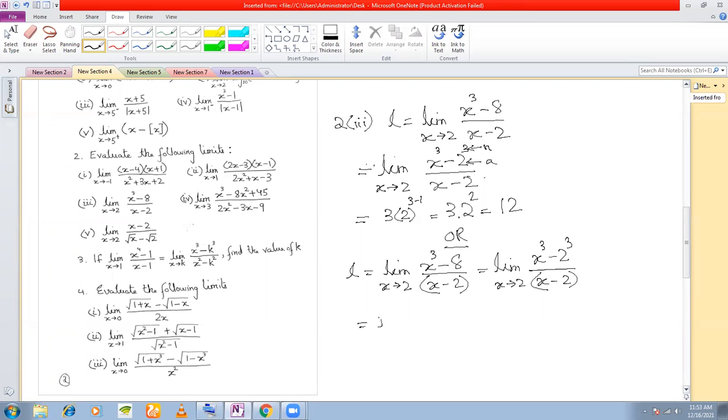Okay, and then a cube minus b cube can be written as (a minus b) into (a square plus ab plus b square), divided by x minus 2, right? Now if you see, x minus 2 will cancel and this will become a determinate form. So now you can substitute x is equal to 2. 2 square plus 2 into 2 plus 4, which will give you 12. Okay, so you can evaluate in both ways.